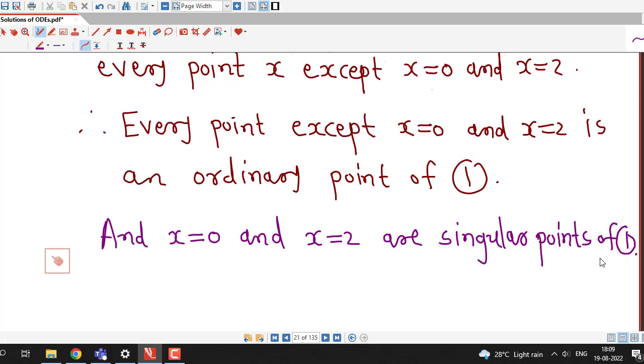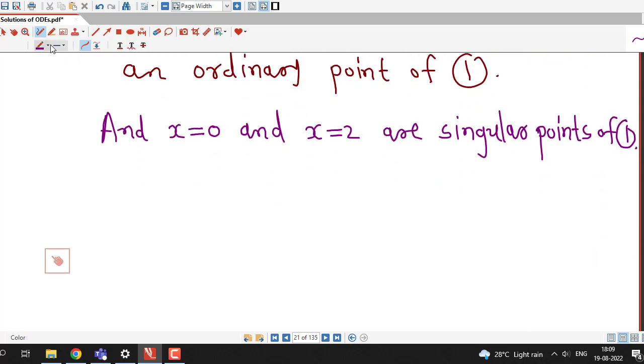Now we have to classify whether these 2 points are regular singular or irregular singular.